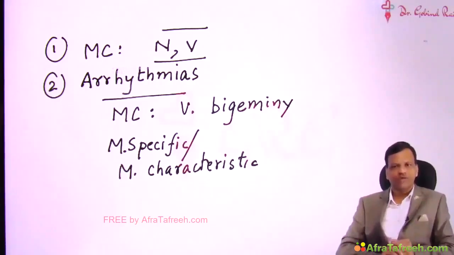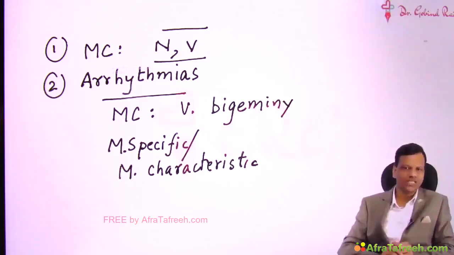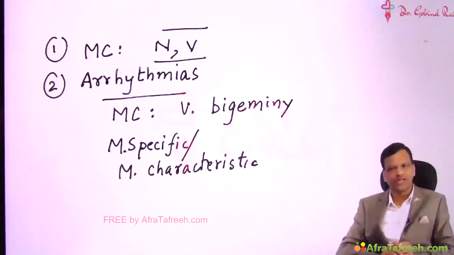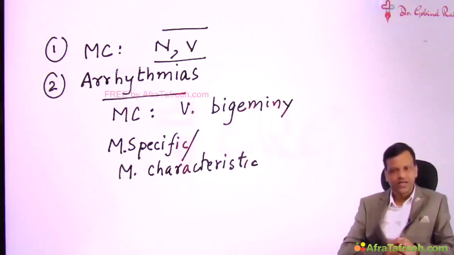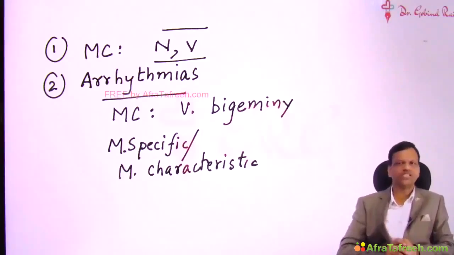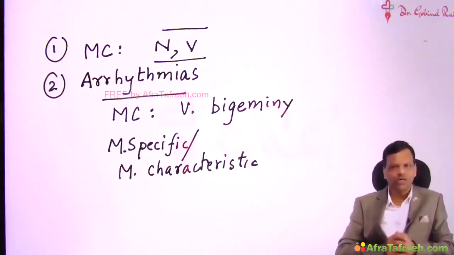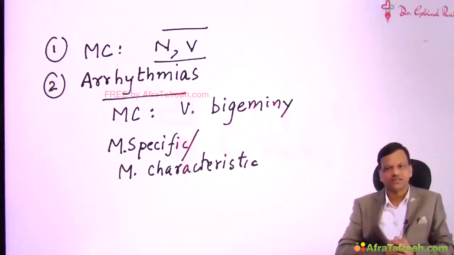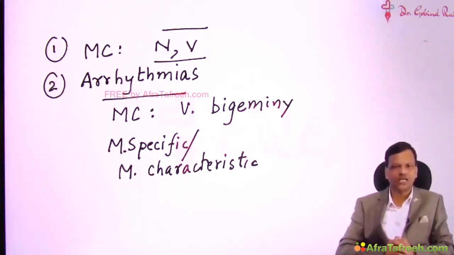So when ventricular bigeminy is present, we are not 100% sure that it is caused by digitalis, but it is commonly seen in digitalis overdose. But on the other hand, when we say most specific or most characteristic, it means that although it is not common, if this arrhythmia is present, we are almost 100% sure that it is caused by digitalis. So that means it is characteristic of digitalis. Other drugs are not able to cause this arrhythmia.